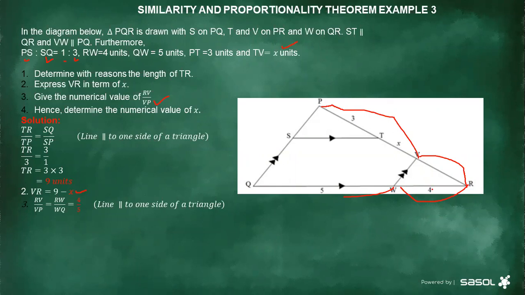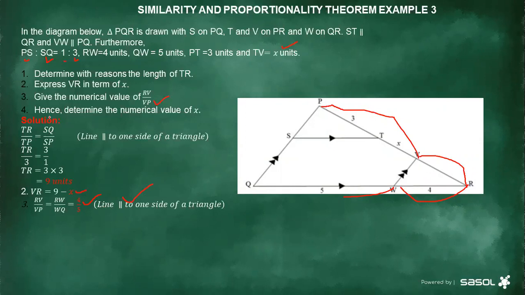You can see the actual distance there is 4 from R to W, and then from W to Q is 5. Therefore, the answer for that one is 4:5, because we were asked to determine the ratio, not the actual distance per se, but the ratio for that. And then don't forget to write that reason all the time that says line parallel to one side of a triangle.